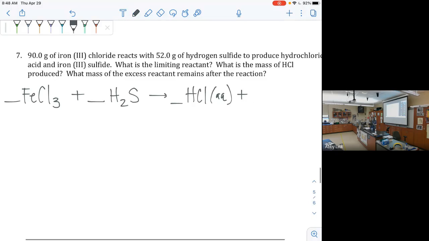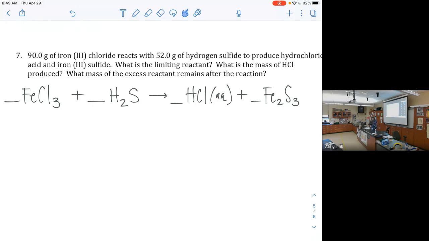All right, iron 3 sulfide, so iron's positive 3, sulfide is -2. So we're going to end up with Fe2S3. All right, balance that puppy out for me.